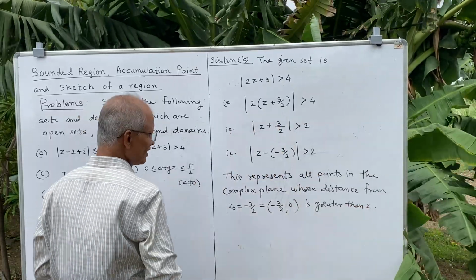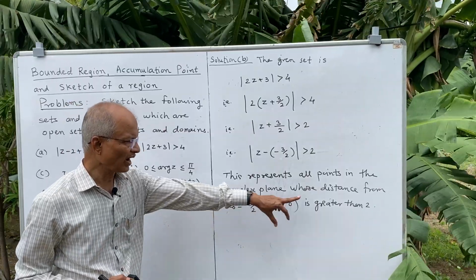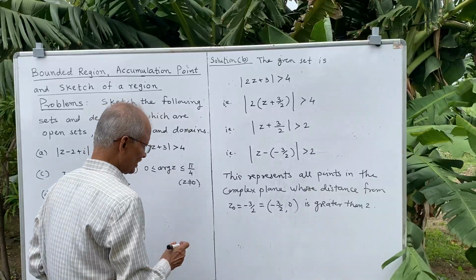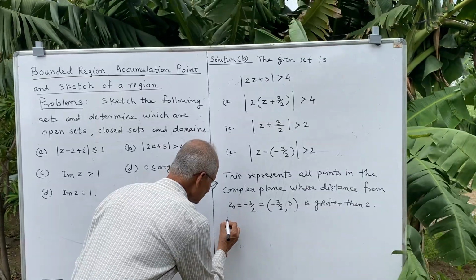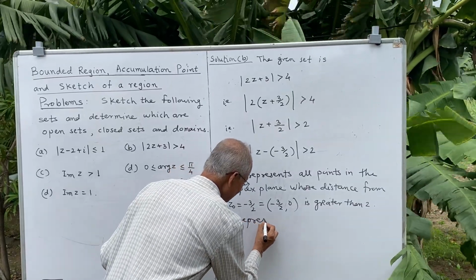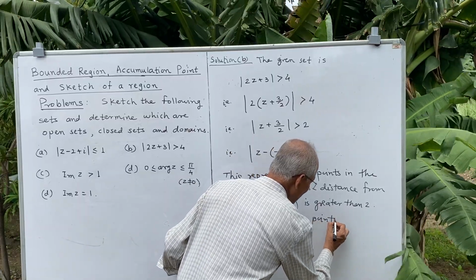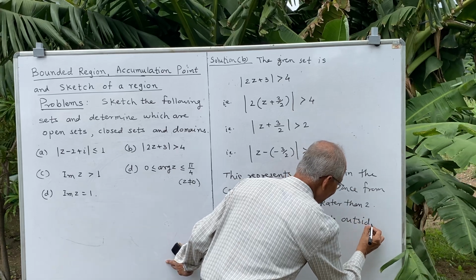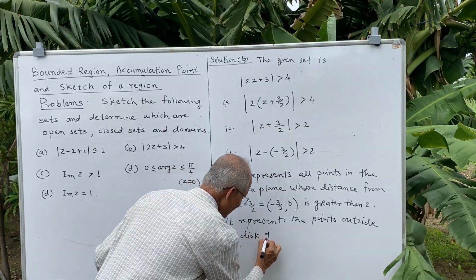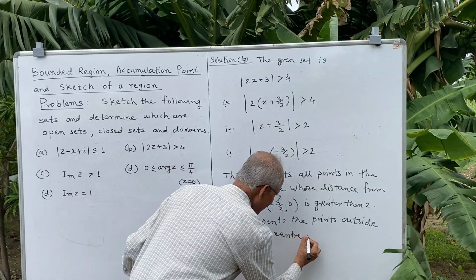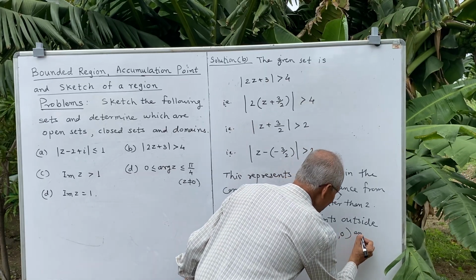That means these will be the points which are outside the disk whose center is (-3/2, 0) and radius is 2. So it represents the points outside the disk of center at (-3/2, 0) and radius 2.